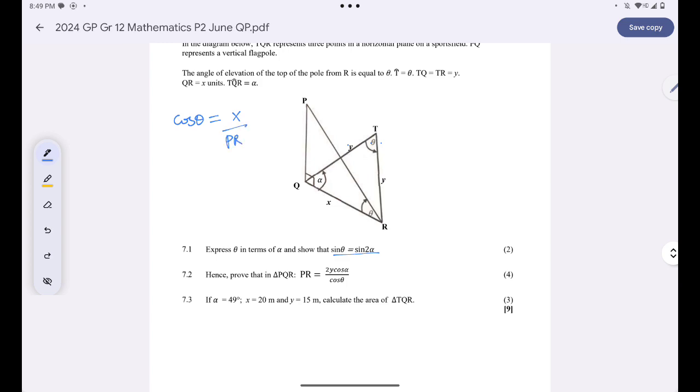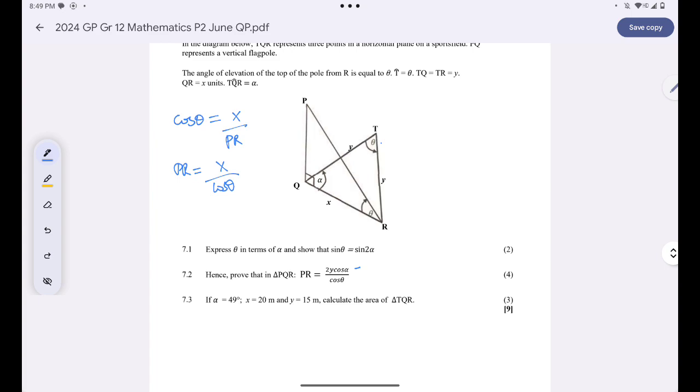Are we together? According to the trig ratios, because I have a right angle triangle, right? Cos is always adjacent over hypotenuse. Therefore, PR is equal to x over cos theta. Are we together? But I need to represent x as what is represented there. How can I do so?